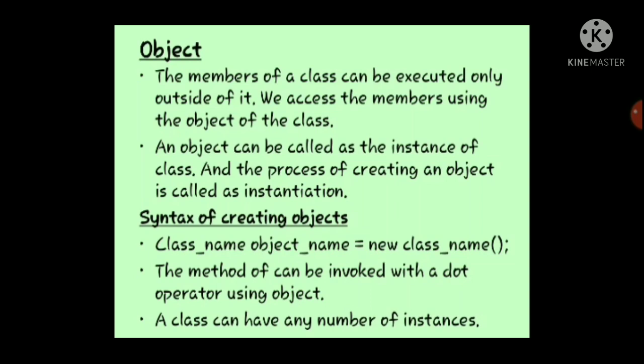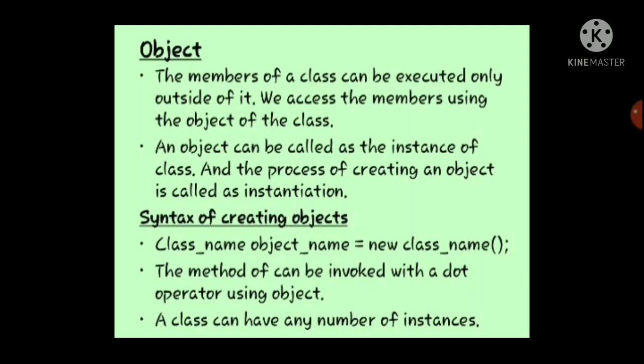So we saw class and we saw the general form of a class. Now we are going to see about objects, right? So as I said, object is something that invokes, that executes the class members, right? So what is the nature of an object? An object is simply a variable. It is a variable that is created on the class type, right?